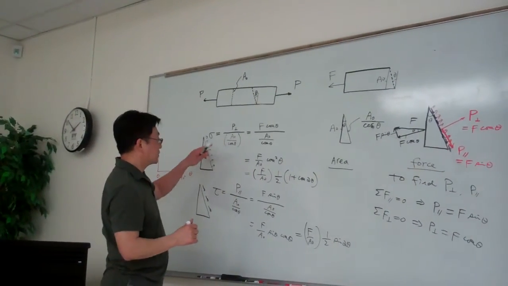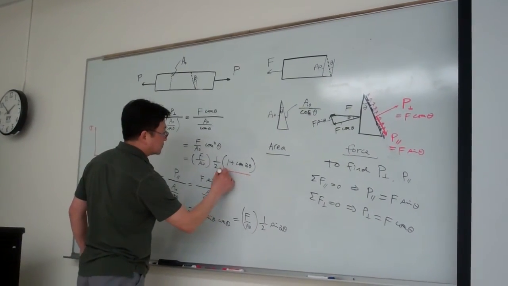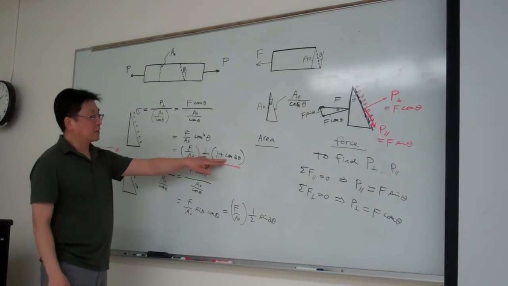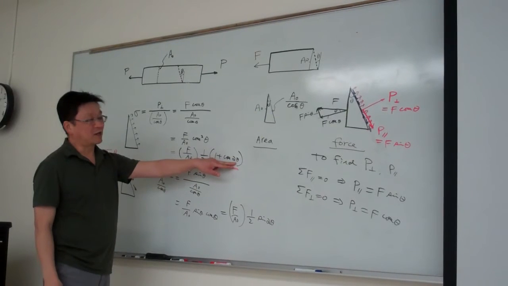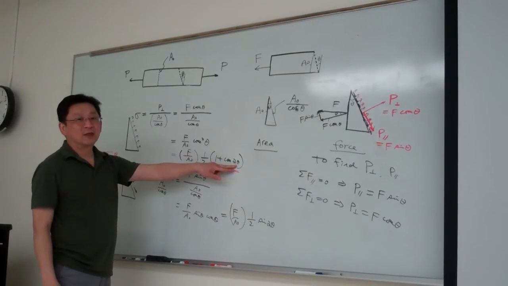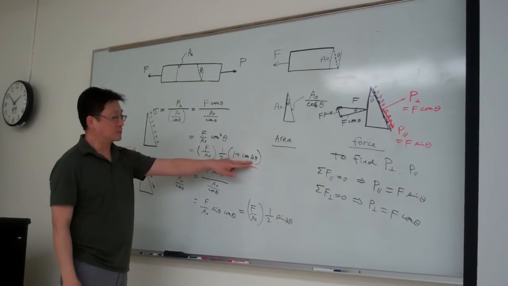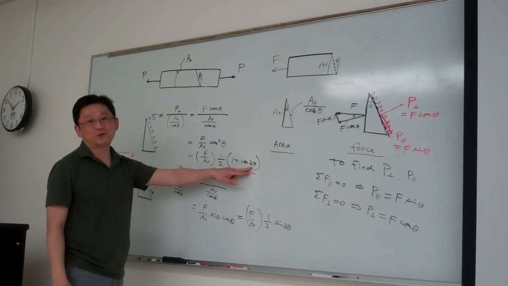So for this case, the normal stress is in terms of this one. The normal stress will become maximum when cosine 2 theta equals 1, and the normal stress will become 0 when cosine 2 theta equals -1.